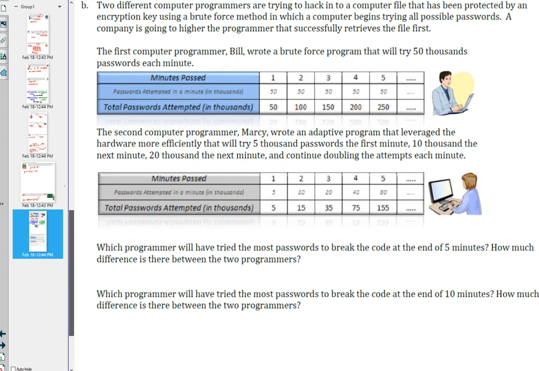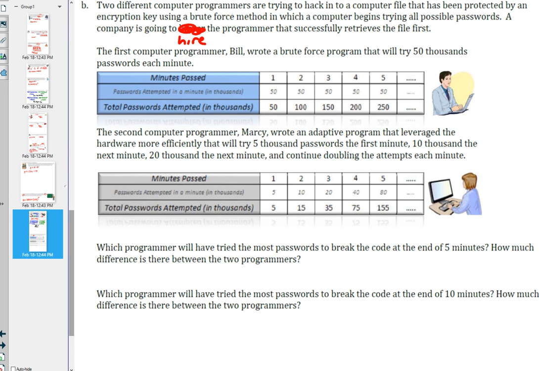Two different computer programmers are trying to hack into a computer file that has been protected by an encryption key using a brute force method in which the computer begins trying all possible passwords. The programmer who successfully retrieves the file first.